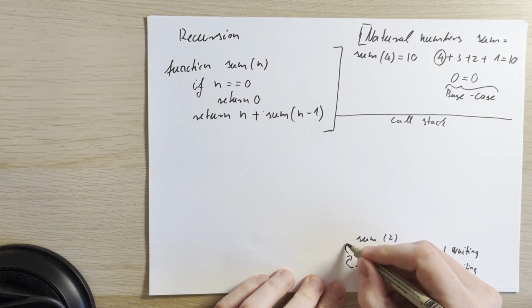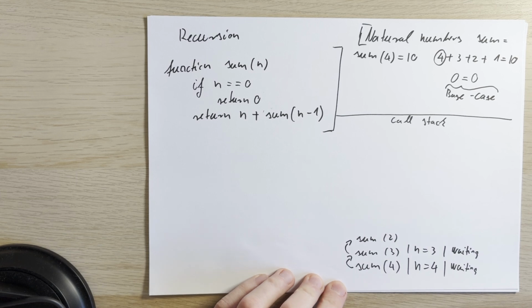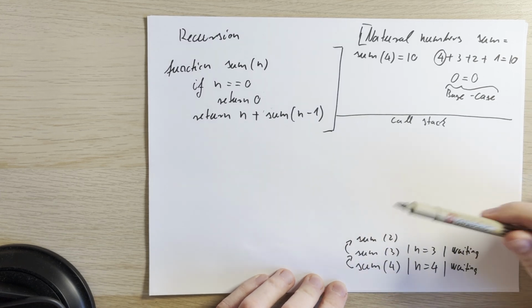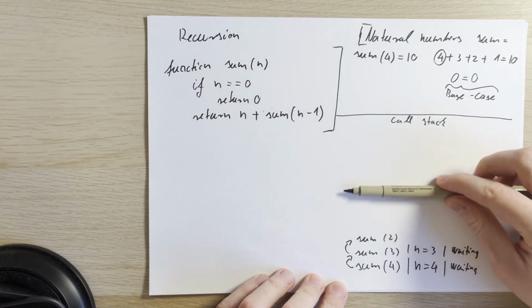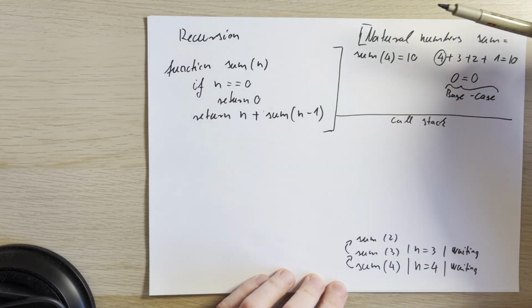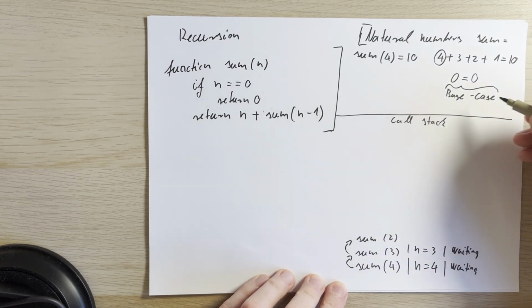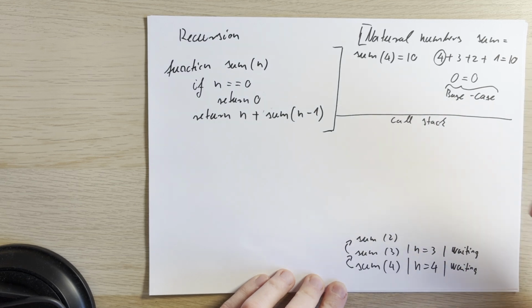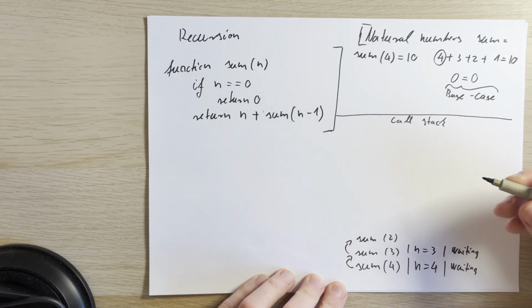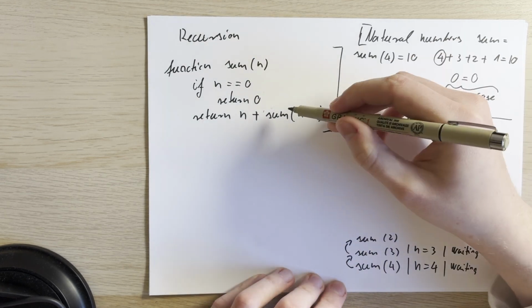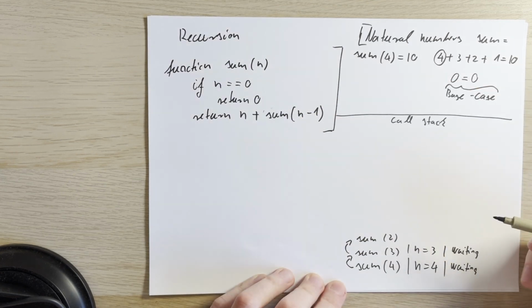The same thing with this. These are just waiting on the function that eventually gets to the base case, and after that it will be able to determine what sum of n minus 1 is.